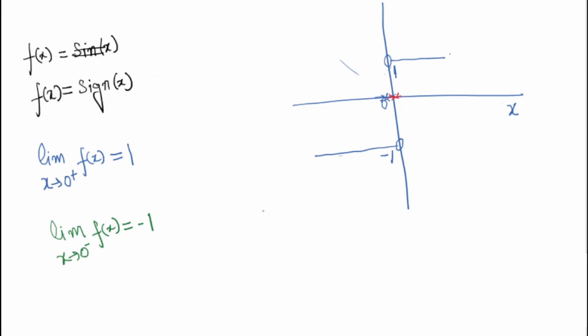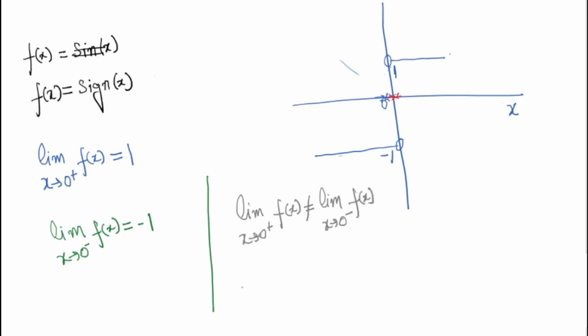So if we compare both the limits, the limit as x tends to 0 plus of f(x) is equal to 1, and the limit as x tends to 0 minus of f(x) is -1. These are not equal.